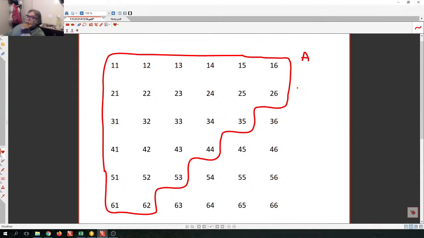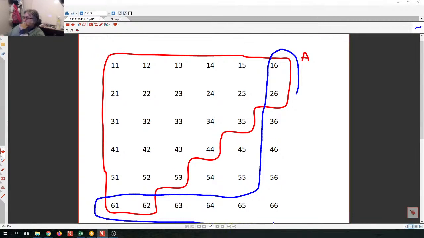Okay, let's have an event B to be at least one 6. Now, if you're going to have at least one 6, we're talking about these guys. This is the 6 on the second roll. This is the 6 on the first roll, or the first die, if you like. And this is the situation when you have both of them 6. But there are 11 here, right? And there are 26 here.